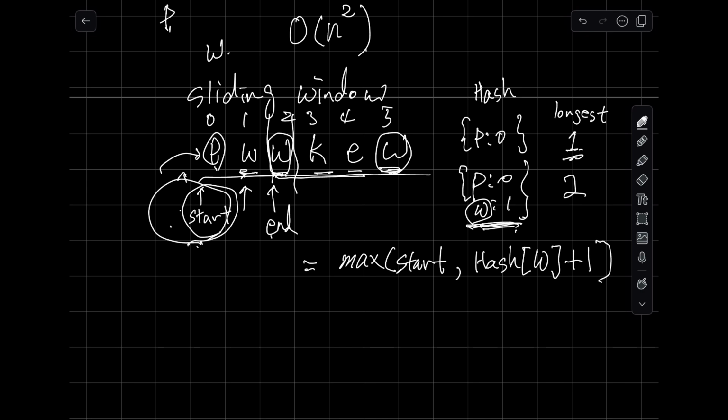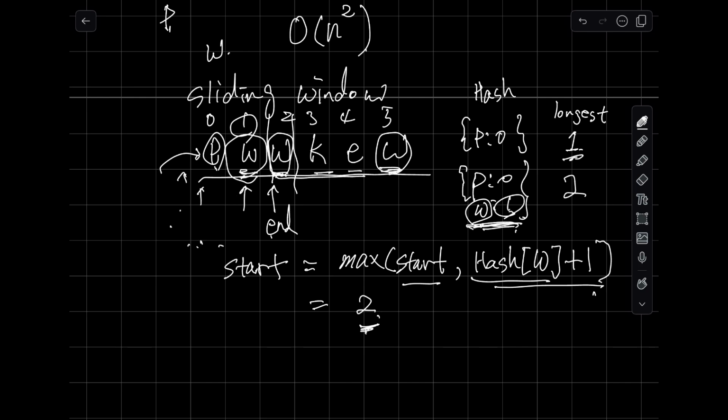So this should be the next start point, because we want to skip the duplicate character, right? So the start value would be 2, right? Because the hash with key W returns 1, and we are gonna have a 2. So the start point will be moved to here, right?